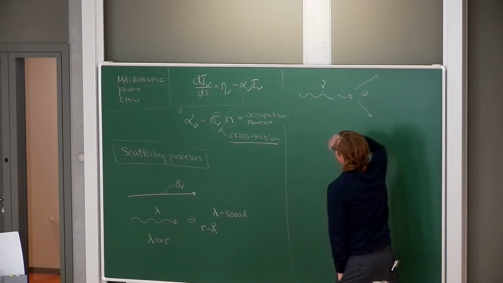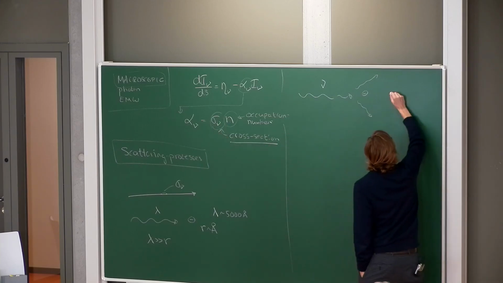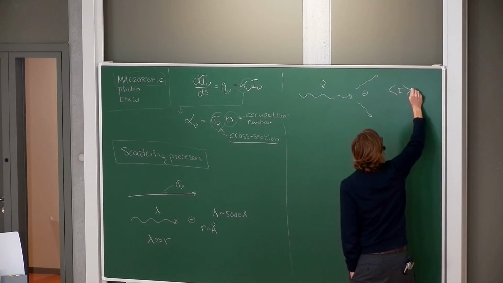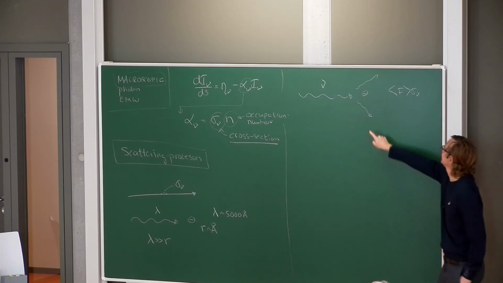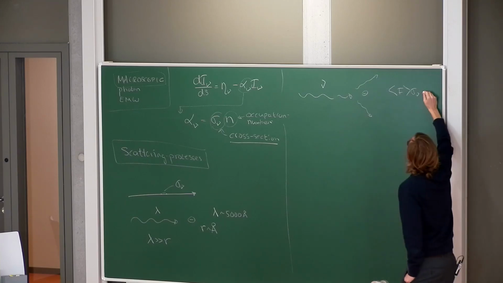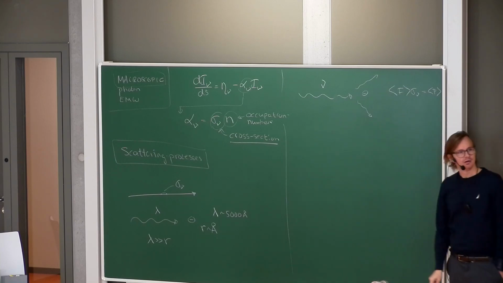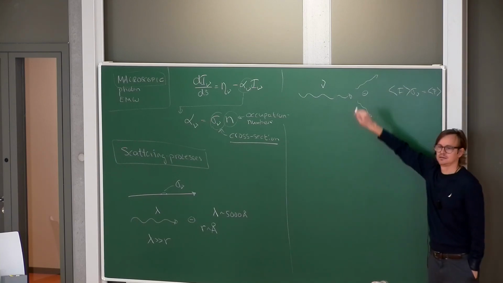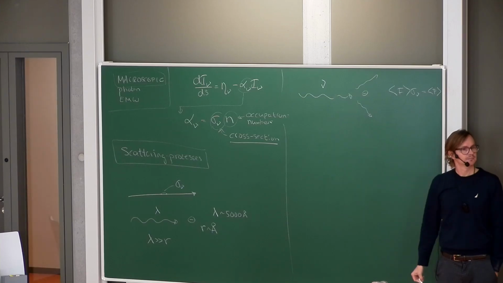Now, in this way, we can define the cross-section as the ratio between the incoming flux of the electromagnetic wave and the emitting power of, in this case, the oscillating electron.